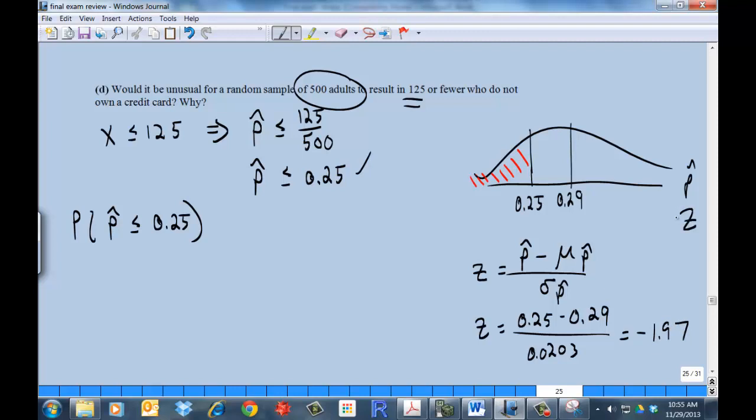So we've converted the p hat axis into a z-axis. This becomes the mean for the standard normal, and the z-score is minus 1.97. Here we're finding the area to the left, so we just look it up. We don't have to worry about using the complement or the symmetry idea. We just look up minus 1.97 and we get 0.0244.